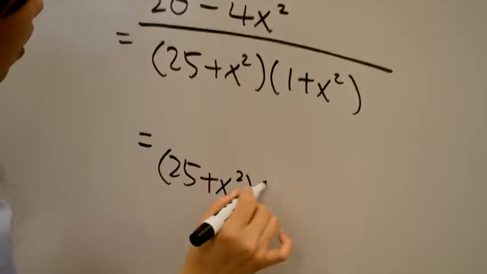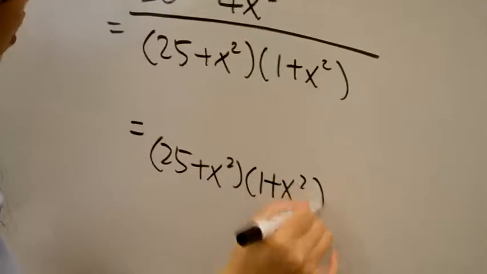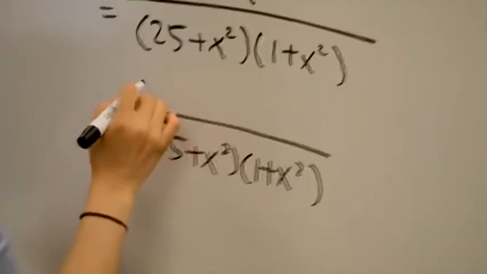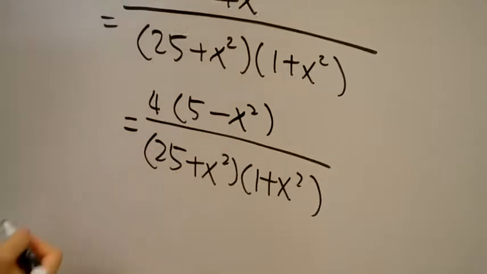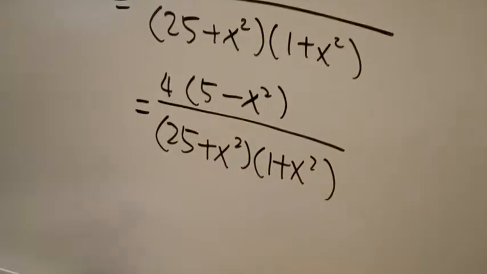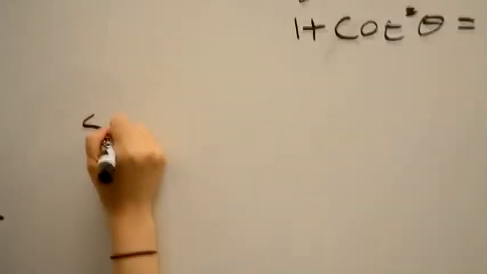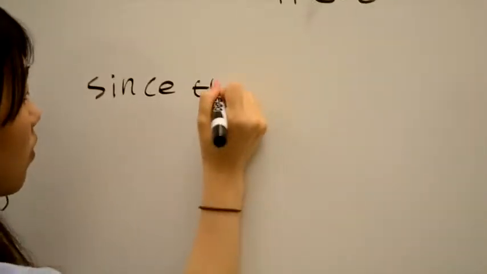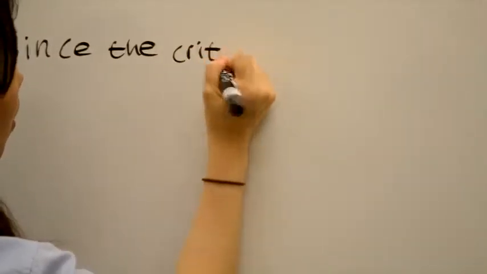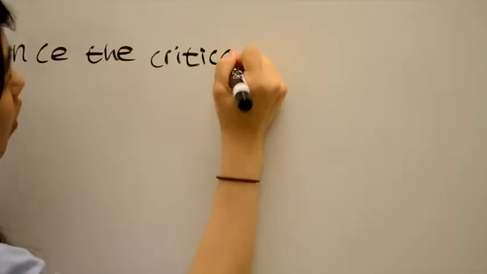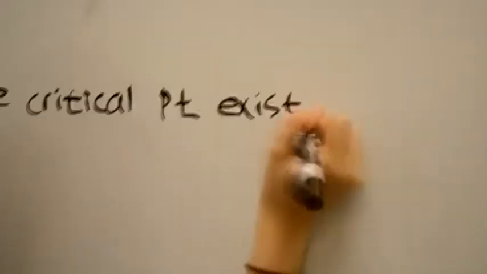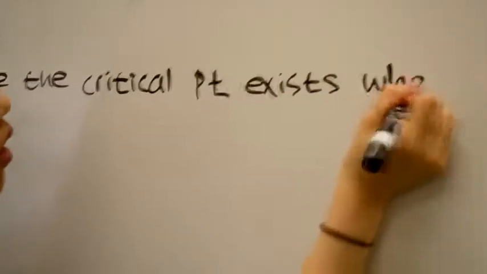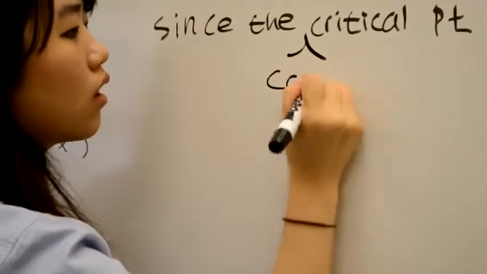The candidates exist where the function equals 0 or where it doesn't exist. But in this case, what's the denominator? The denominator can't be 0 since it has x squared plus something. We have to find the critical point where the derivative function equals 0.